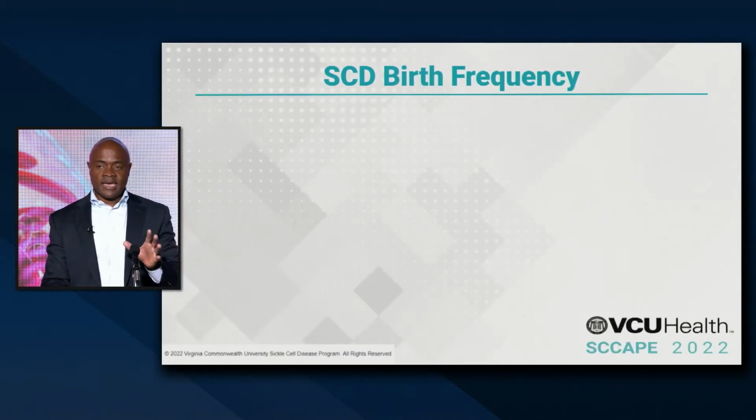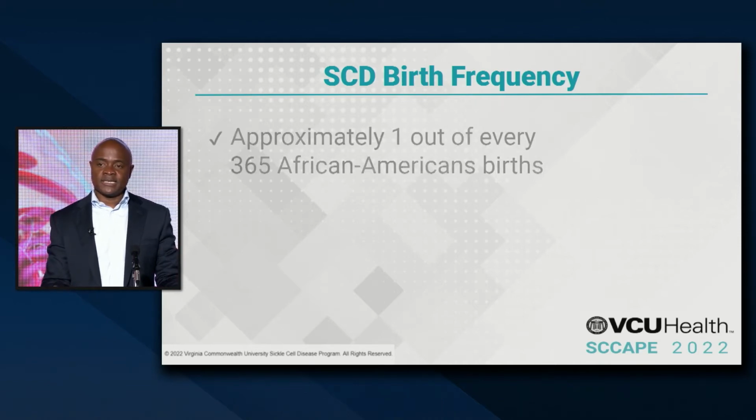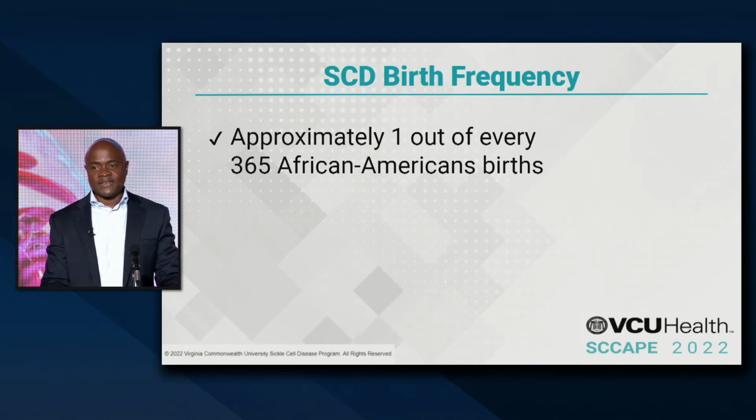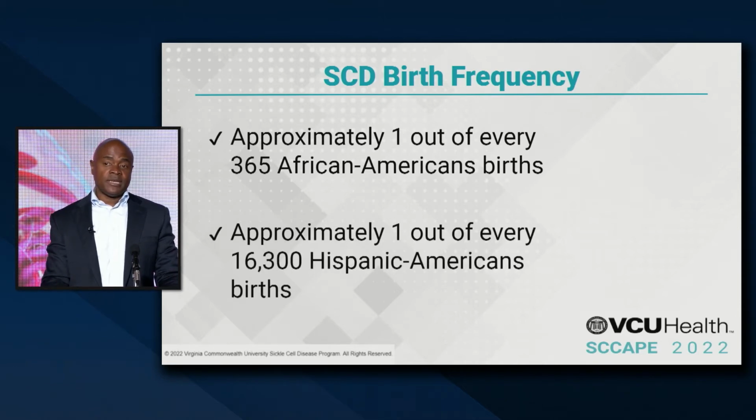But you see and get a better understanding for the global nature of sickle cell disease. So approximately 1 in every 365 African American births will be somebody with sickle cell disease. Within the Latino population, it's approximately 1 in every 16,000 births.